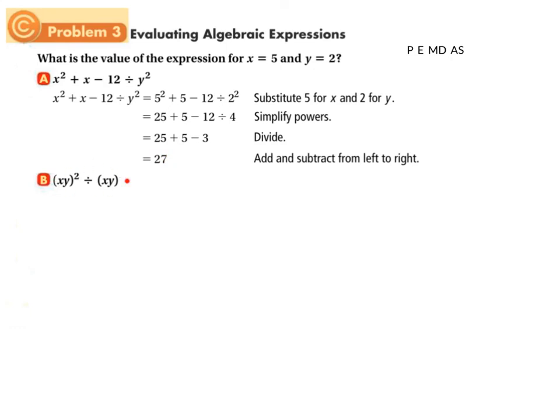And this is more like what we're talking about, and you'll see what's going on here. What do we need to do? Well, we are going to substitute 5 for x and 2 for y. So you then have here in parentheses, and these parentheses were already here in the original problem, 5 times 2.